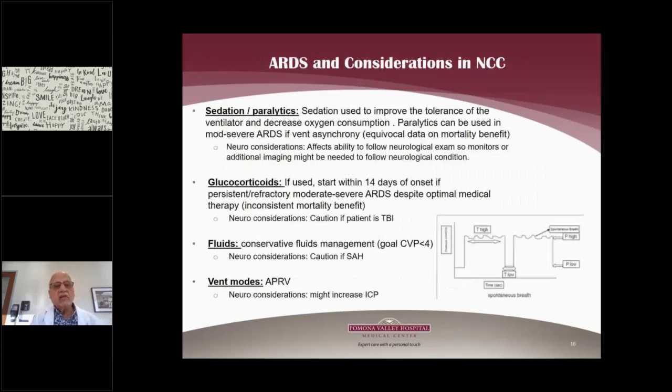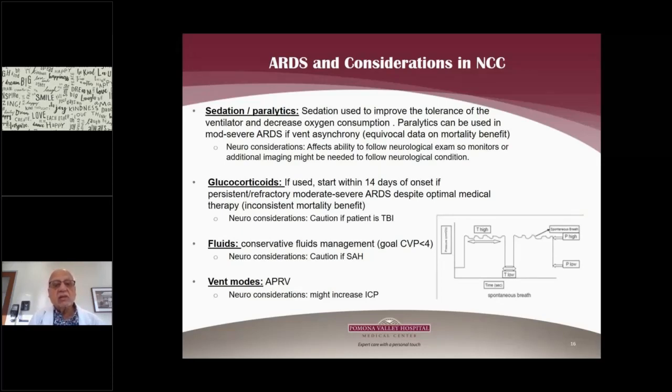Now, considerations in the neuro ICU or a neurological patient is, of course, sedation is very important, and the patient has to not have dyssynchrony with the ventilator. Paralytics can be used in mild, moderate to severe ARDS if there is asynchrony, if the patient is fighting against the ventilator and not allowing it to breathe.